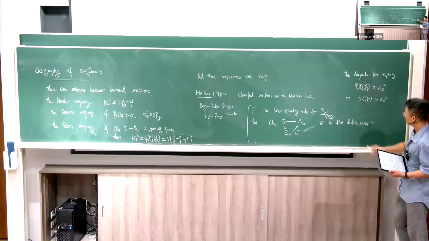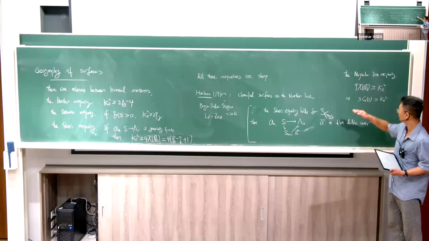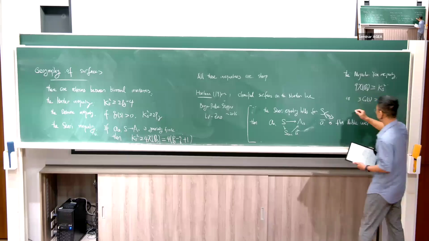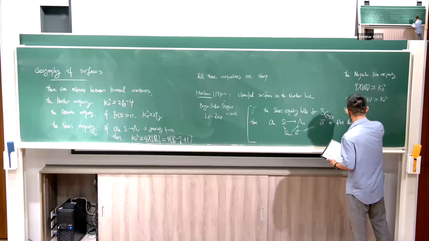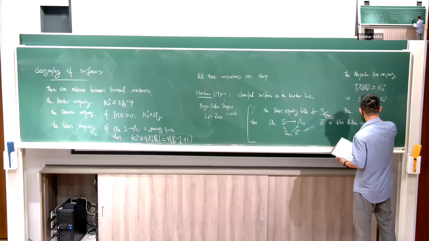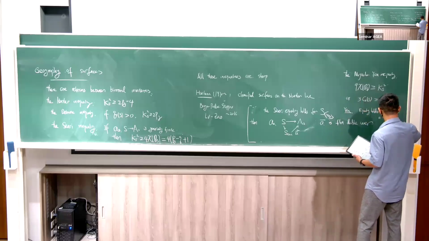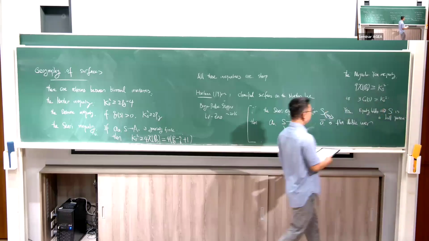And again, this is a sharp inequality. And Professor Yau proved that when equality holds, this surface should be a ball quotient.